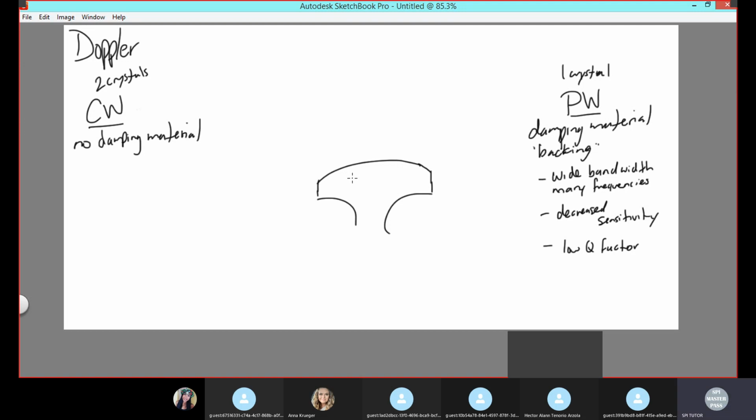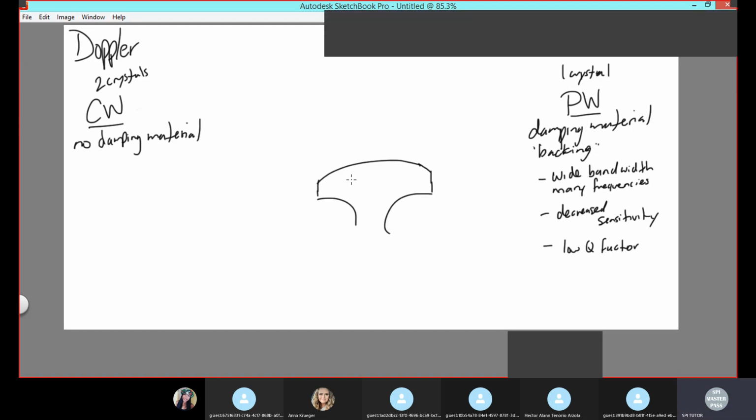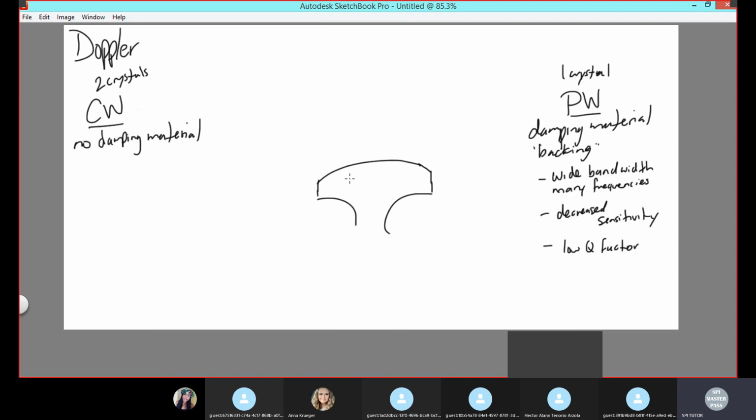It's going to be incognito, but it's going to be raised on the transducer for sure. So you'll see the number there. The curve, I think, is 10 to 5. And what it's telling you is that this transducer can go up to 10 megahertz or down to 5 and anything in between. So it's giving you a range. It's not just giving you one frequency. It's giving you a range of frequencies.